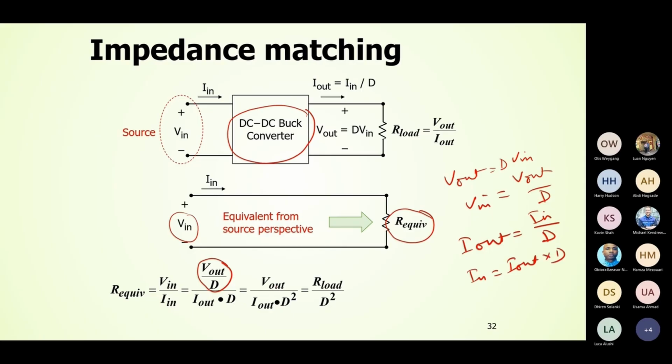So by substituting, we know that V by I is actually R. So your R equivalent is actually R load by D square. So if you control the D, you can actually change the equivalent resistance.